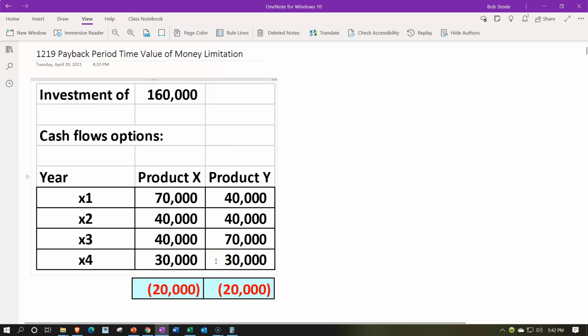Now, just by looking at that, if you're doing a book problem, you might be starting to say to yourself, maybe the book problem is going to try to emphasize the fact that this 70,000 right there is greater than this 70,000 over here if you take into consideration the time value of money, even though the total payments themselves could be the same.